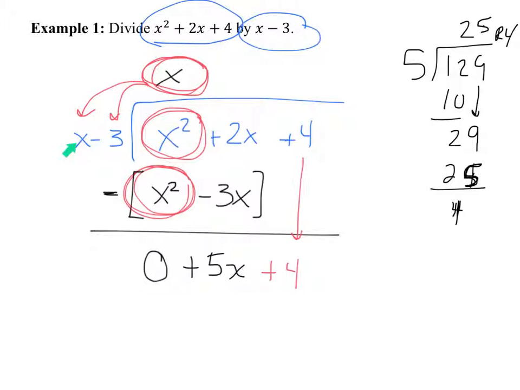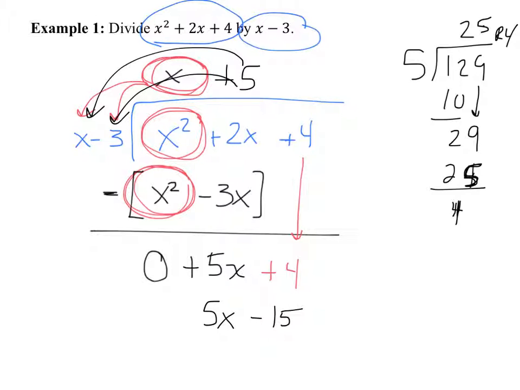Currently I have x. What do I have to put here and multiply by x to give me 5x? What's missing? 5. Just the 5 there. And think about it for a second. 5 times x gives you 5x. 5 times negative 3 gives you negative 15.